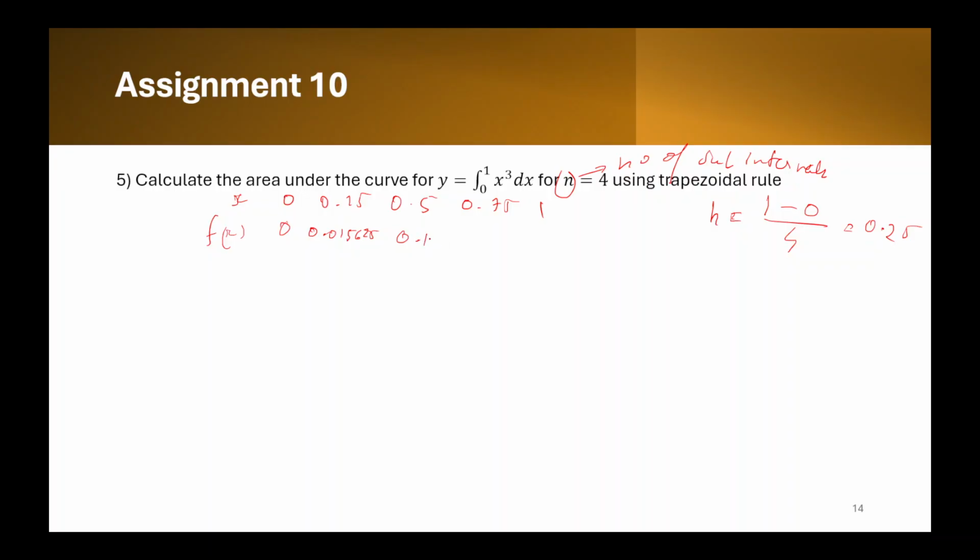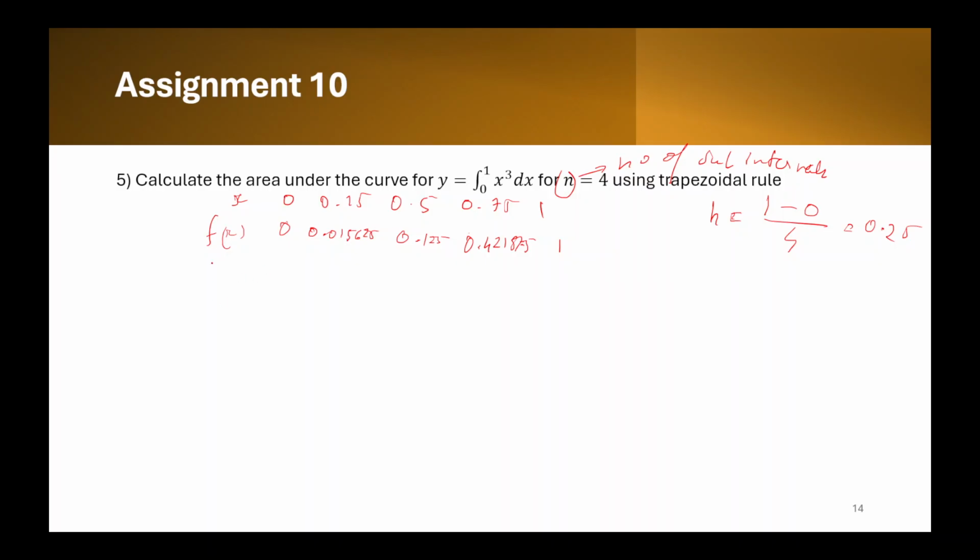Then 0.75 cube will be 0.421875. And then 1 cube will be 1 only. So I'm keeping so many significant numbers to get the exact answer basically. You can either truncate it to 3 significant figures. Usually people keep it up till 3 significant figures. So this is x and fx.